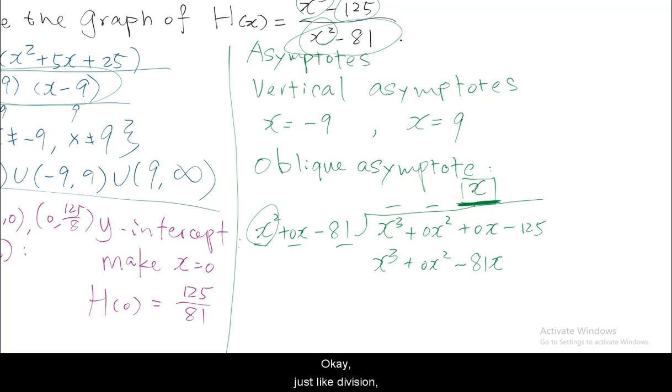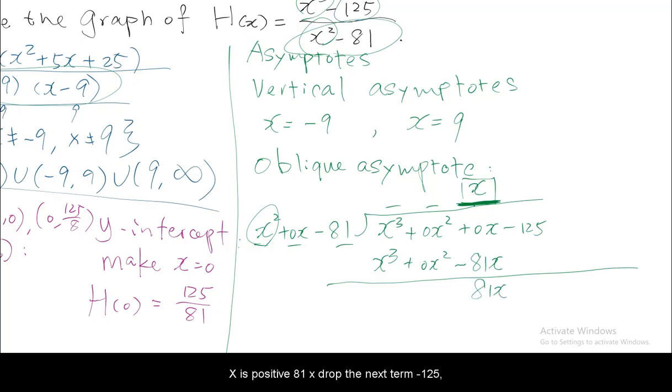Okay, just like division, we draw a line, we subtract. So x cubed minus x cubed is 0. 0 minus 0 is 0. Now, 0x minus negative 81x is positive 81x. Drop the next term, minus 125.